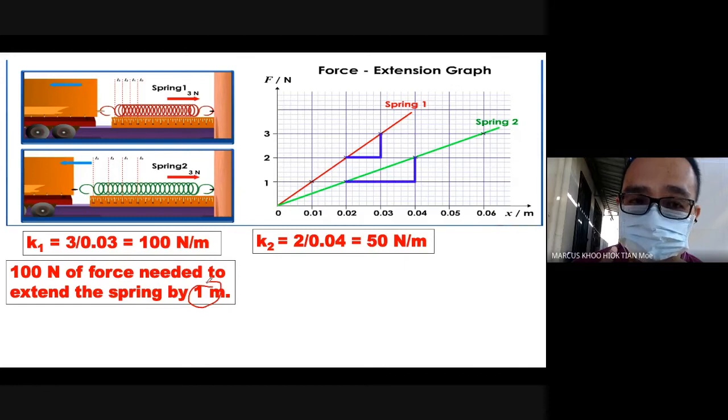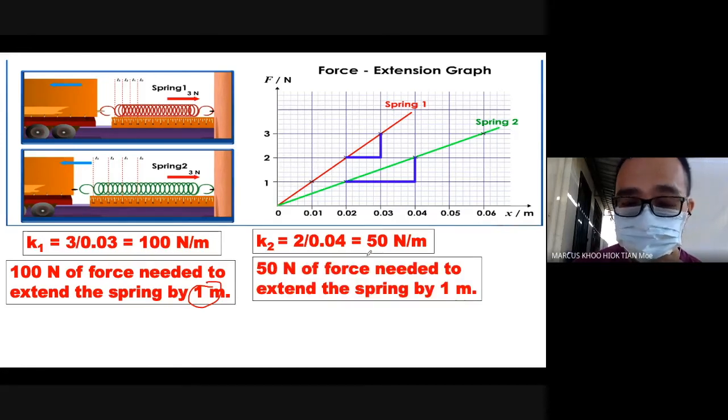Whereas spring number 2, you only need 50 newtons of force if you want to extend the spring by 1 meter. So think about these two situations and tell me which spring is harder.